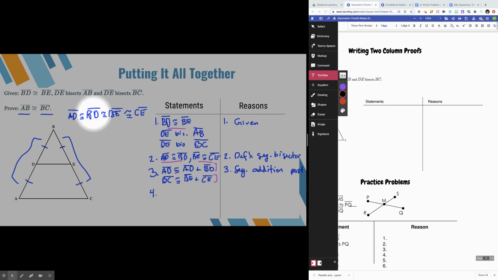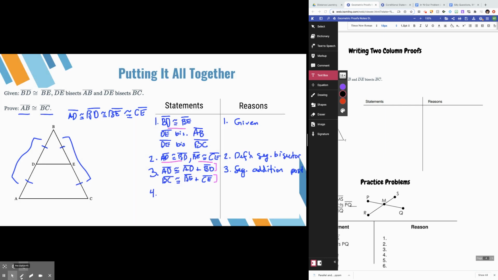Because they're all congruent in this long chain. And I can substitute BD in for CE because they're all congruent in this chain, okay? But since we're dealing with a chain, this is technically the transitive property, right? So I'm going to say BC is congruent to AD plus BD, right?